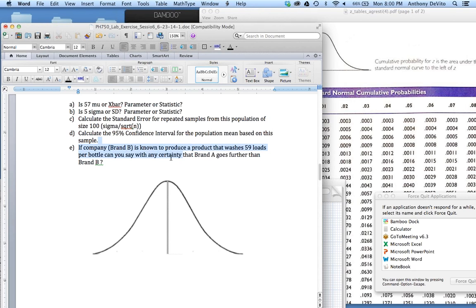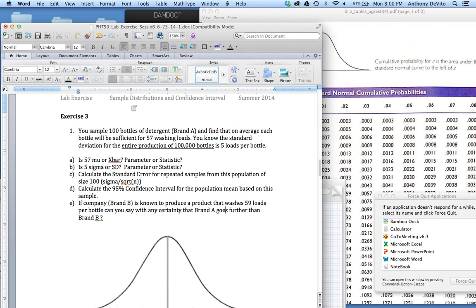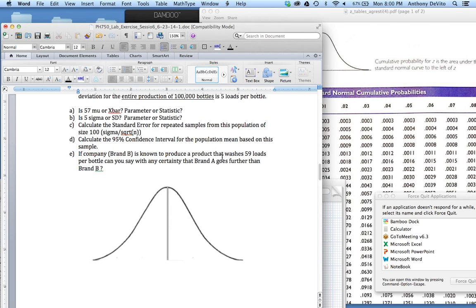If brand B has a product known to produce, in other words, it's not a sample, they tested every bottle, and they know the population mean is 59. Can we say that brand B goes further than brand A?